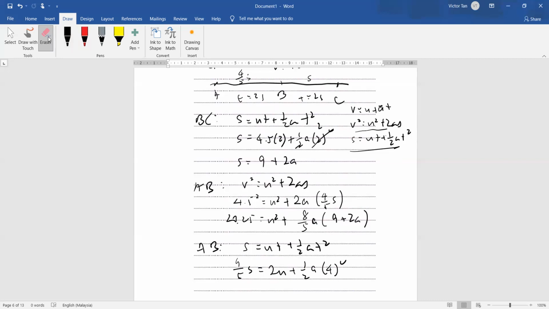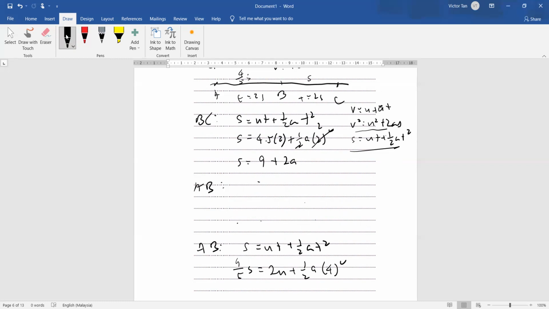What I'm going to do is generate 3 equations to solve this because there are 3 unknowns. So again, I'm going to use S equals ut plus half at square, so that 2U is for U plus half A times 2 square.